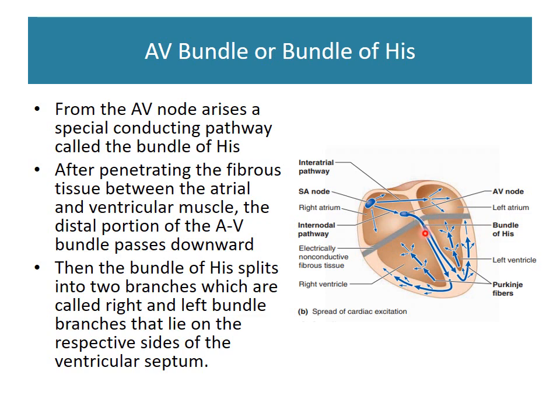Then the bundle of His splits into two branches, called the right and left bundle branches, that lie on the respective sides of the ventricular septum.